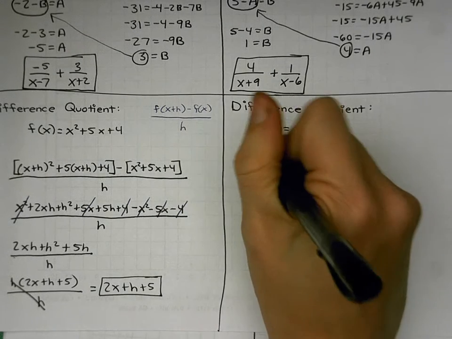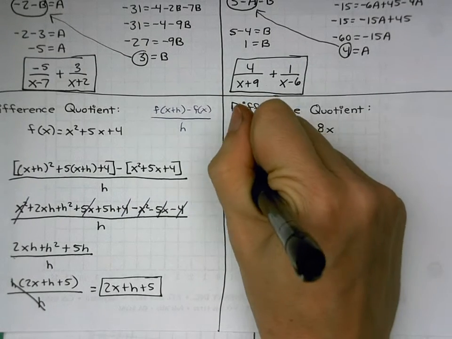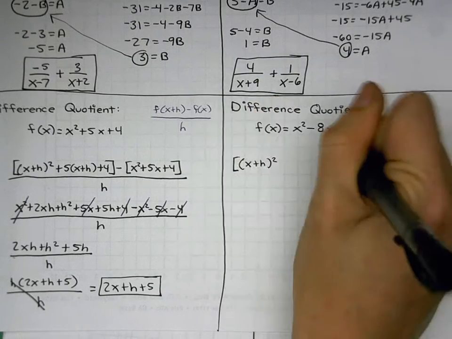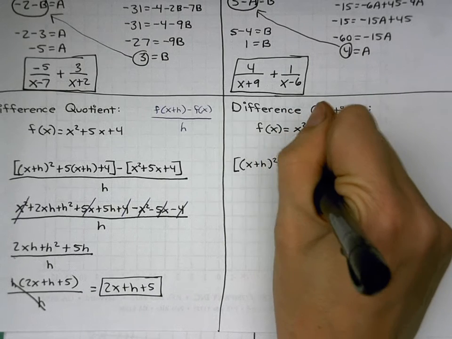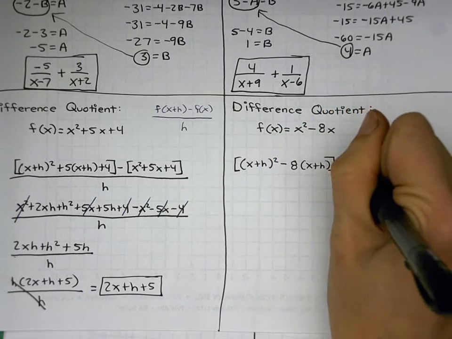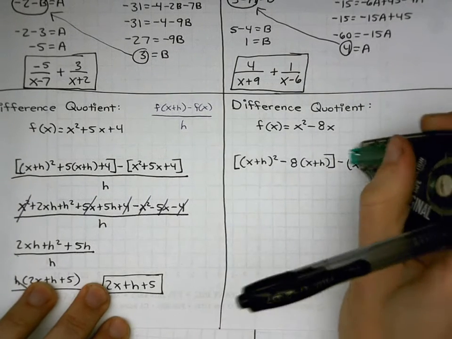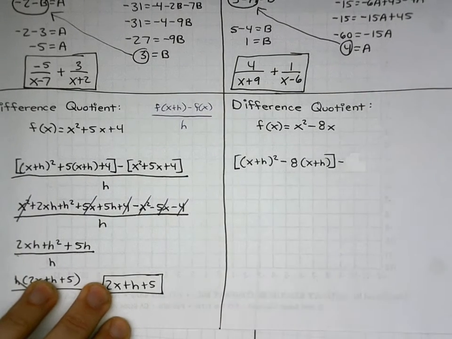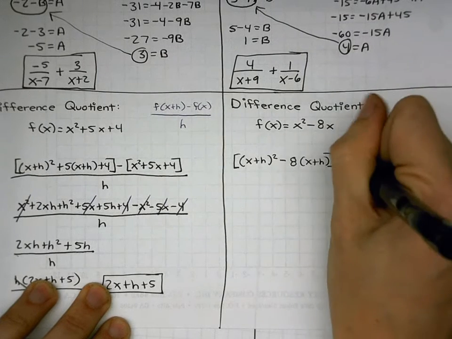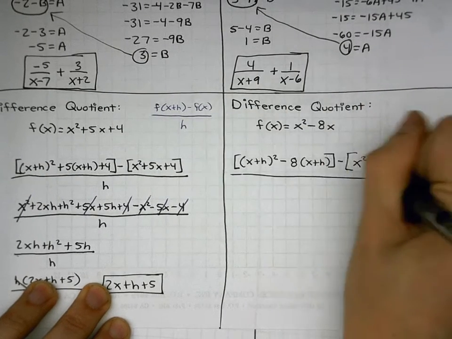Okay, here we go. Our f of x plus h, plugging in x plus h, we'd have x plus h quantity squared minus 8 times x plus h minus my f of x, which is x squared minus 8x, all over h.